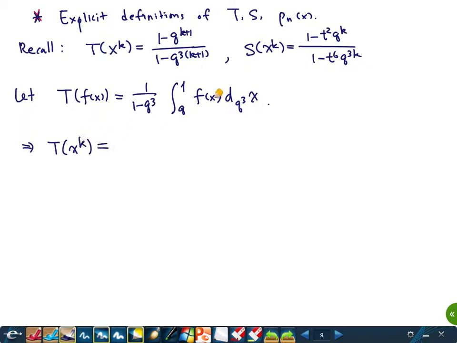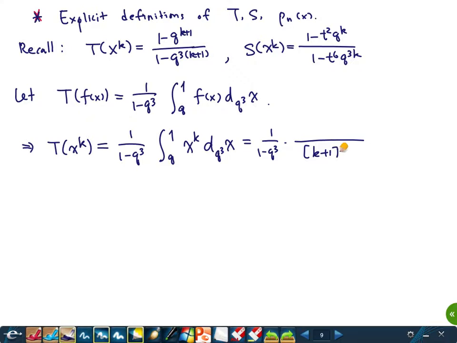We just substitute this over here: x^k d_q cubed x. But we know how to integrate this, it's just a constant. So if you have the kth power, here it will be k plus 1 q. But the integration variable q is q cubed, so here we have q cubed instead of q, right?